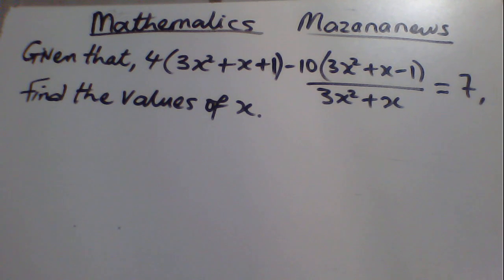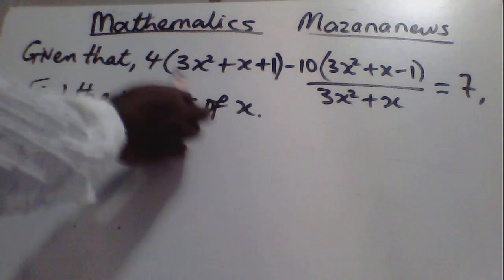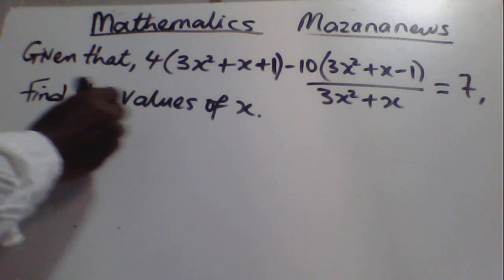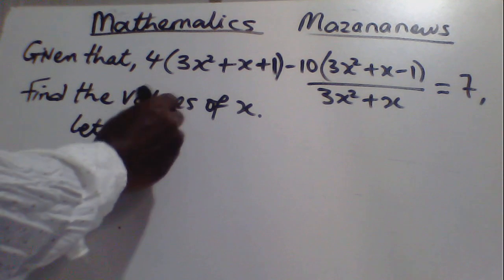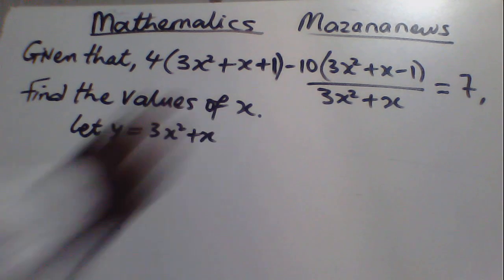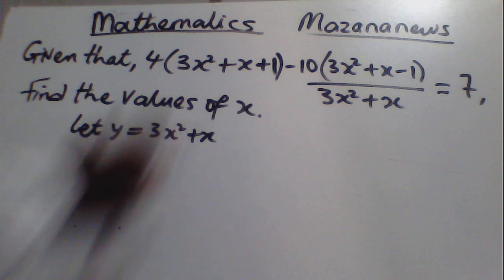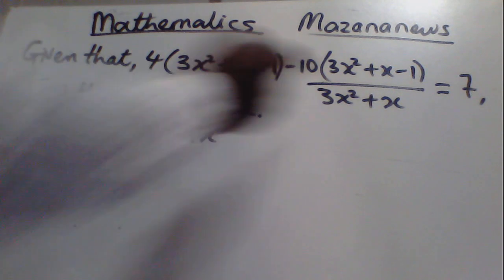So the best way is to assign another variable to substitute these terms. In this case, let y equal 3x squared plus x.